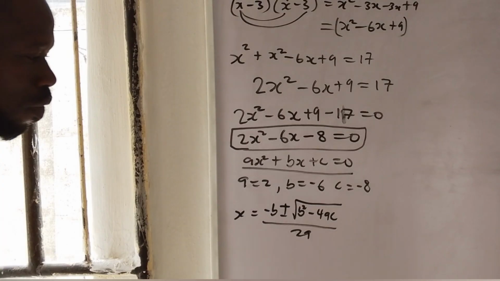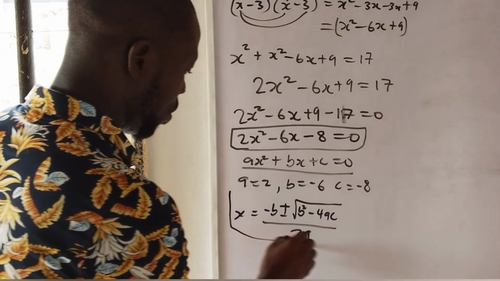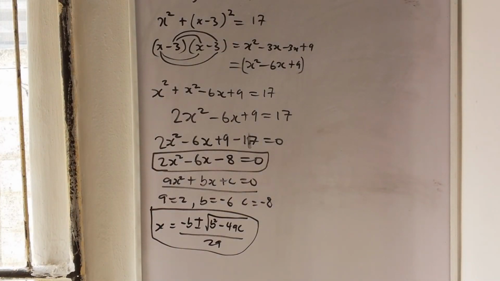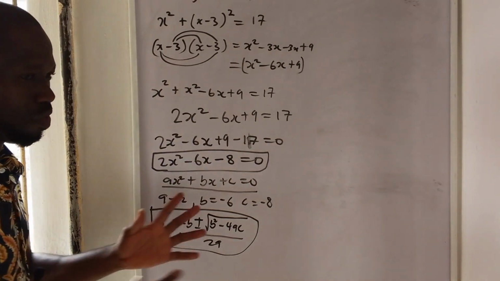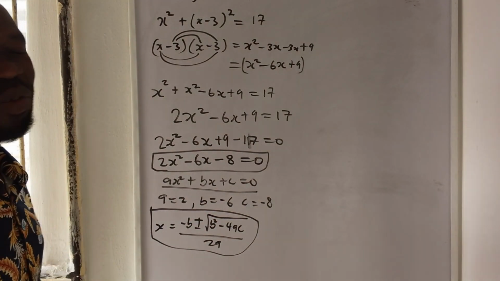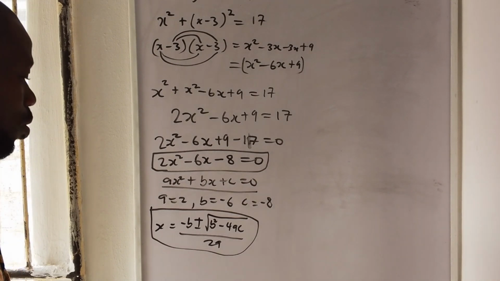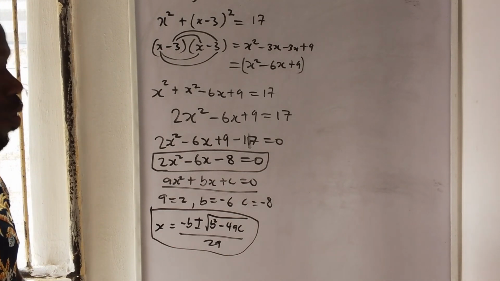You can decide to use the formula method, you can decide to use the completing the square method, you can decide to use the factorization method, and you can decide to use the graphical method. So for this, let's use the formula method.